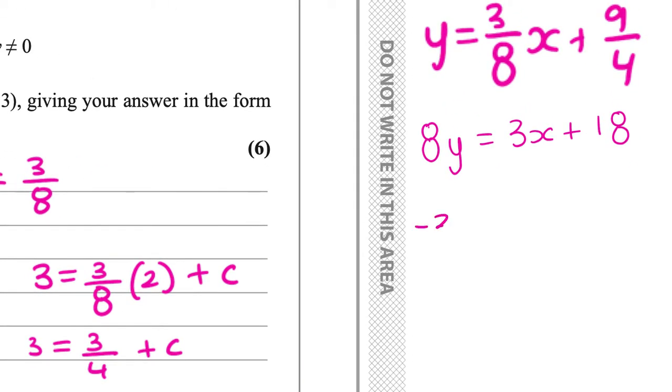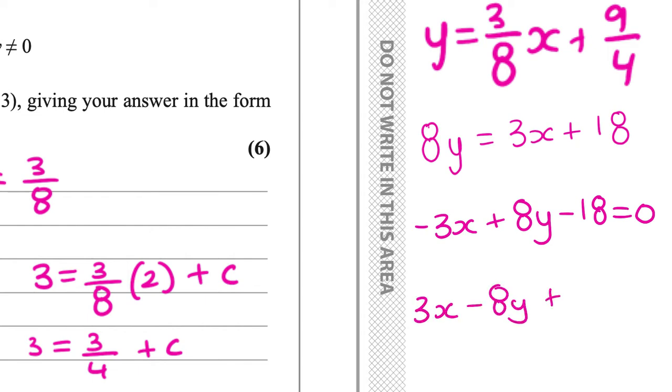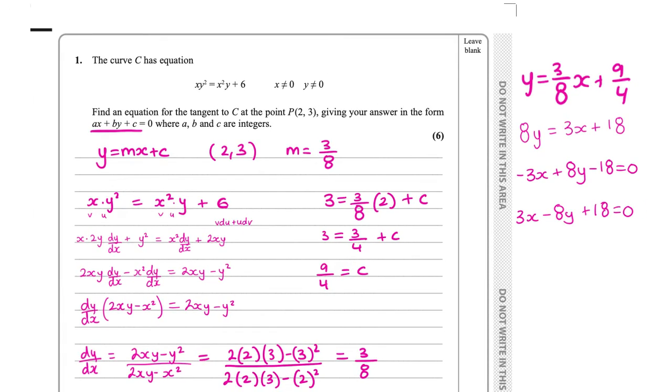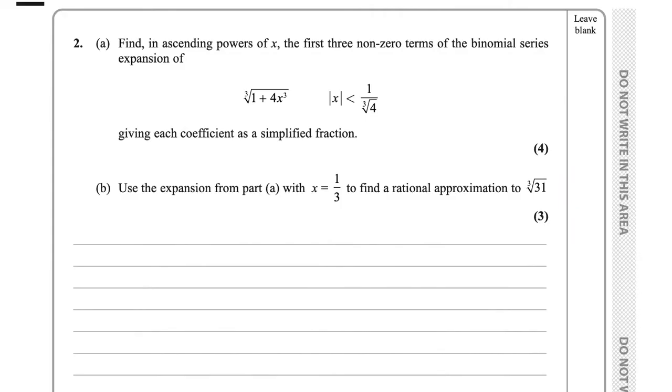So we're going to have minus 3x plus 8y minus 18 equals 0. You could also have had 3x minus 8y plus 18 equals 0. Either is correct, they're both equivalent. And then that is going to give you 6 marks. Nice and easy.